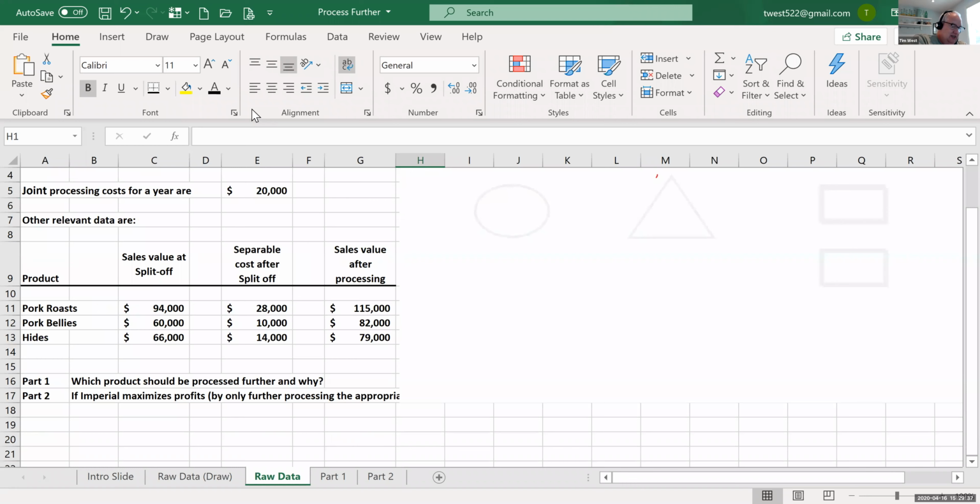These are the costs for what was the first one? Ham, bacon, and leather.